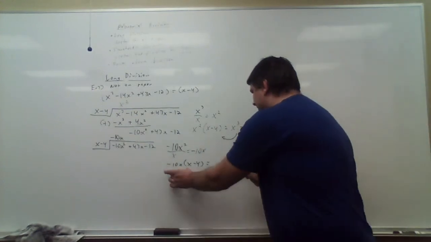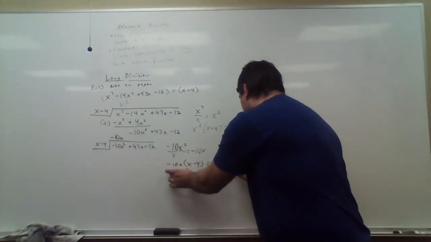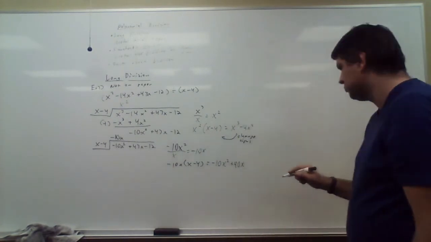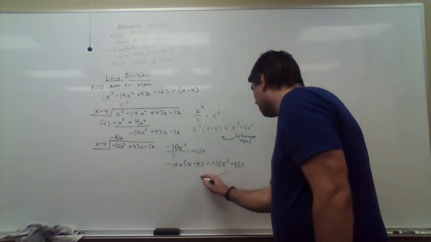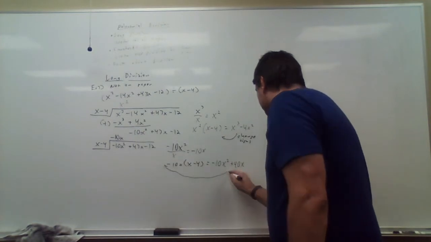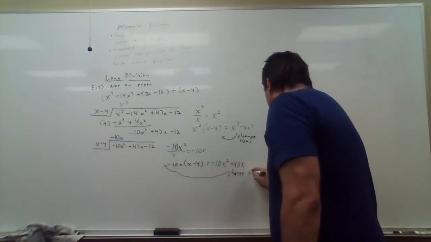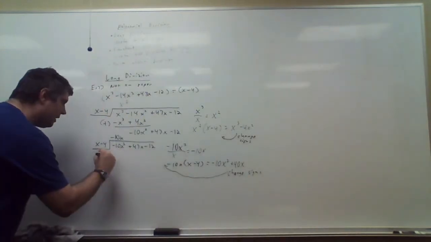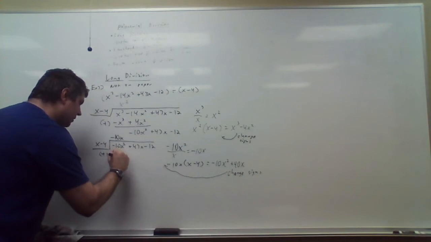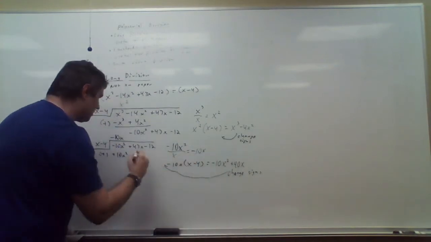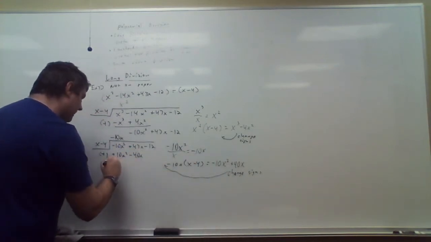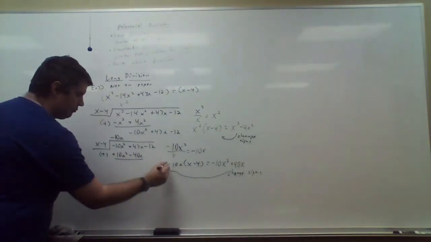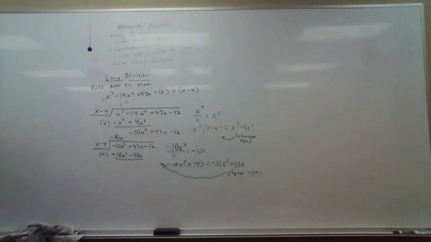Distributive property will give me negative 10x squared plus 40x. Okay? And then we're going to want to change the signs. So, we will be adding a positive 10x squared and a minus 40x. Okay?